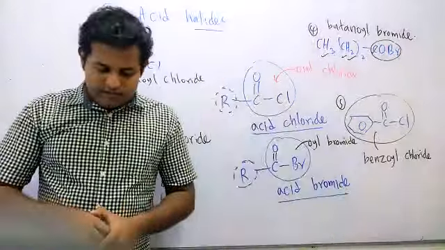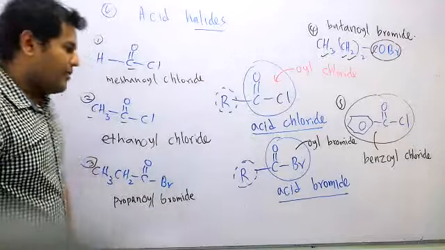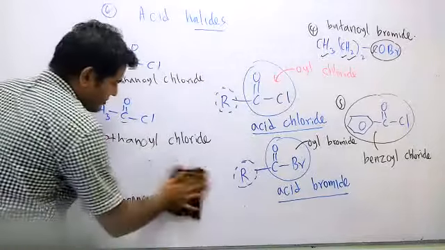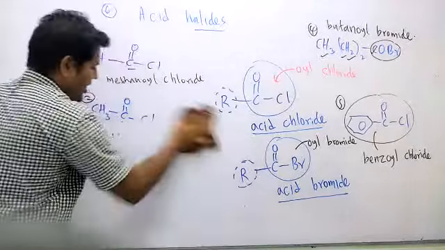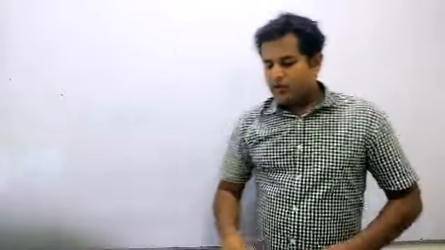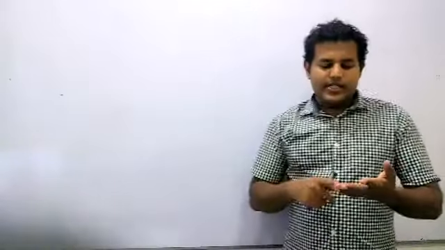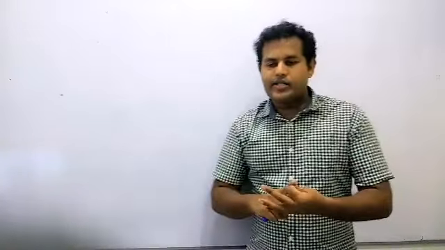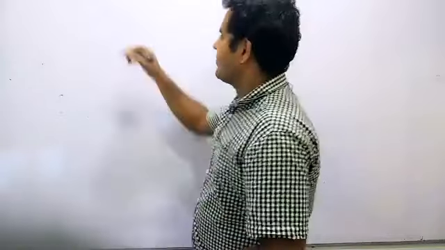So the next one, let's move. It is amides. Carboxylic acid was number 5, acid chloride 6, amides 7.